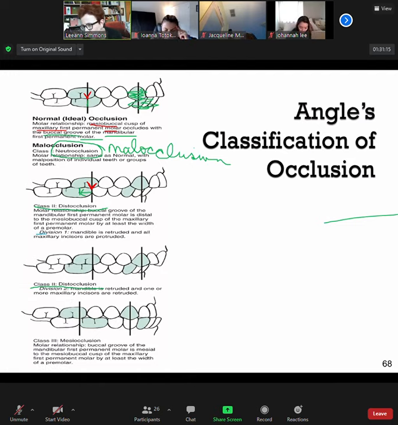So a division 1 has maxillary anterior teeth that are protruded, and mandibular teeth are a bit retruded. So you have this giant overjet.